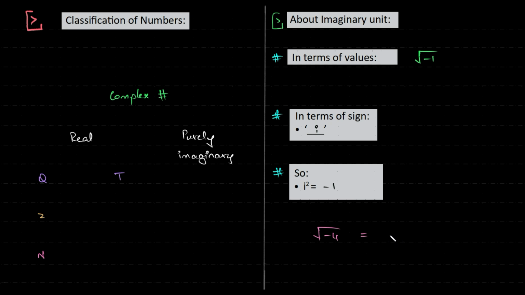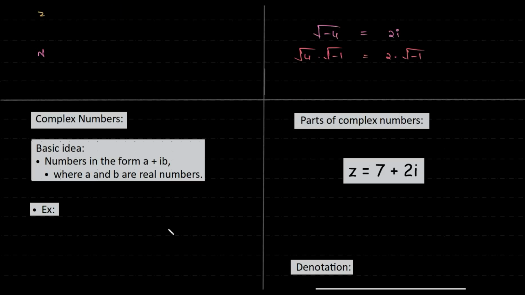But there is a root, and that root is 2i, which is nothing but 2 times square root of -1. Does it make sense? So I can always write this as square root of 4 into square root of -1. That's the funda. Okay. Next.